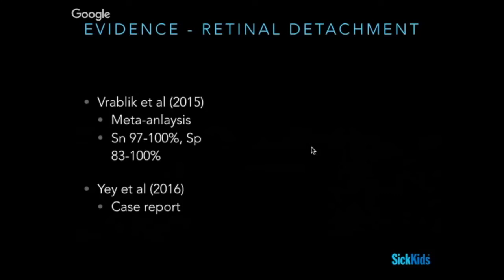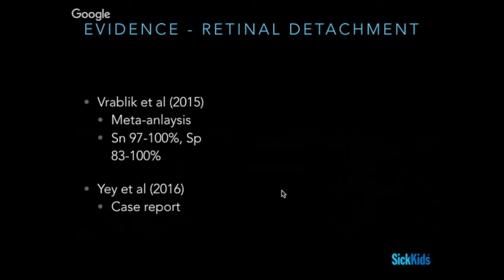They had clinicians perform bedside ultrasound using the high-frequency linear probe, so the 7.5 or the 10 megahertz. 2 trials had patients with retinal detachment from trauma, and the prevalence of retinal detachment was anywhere from 15 to 38%.